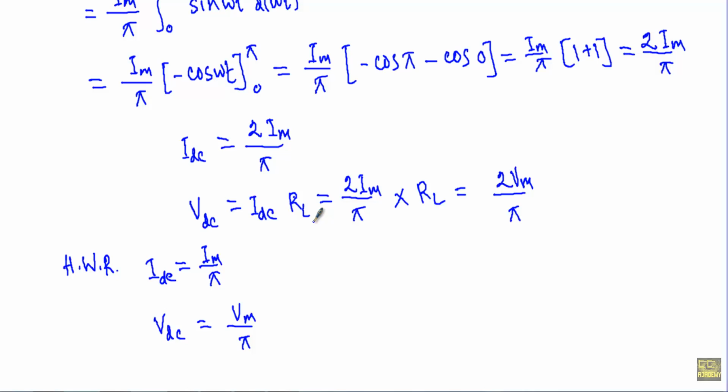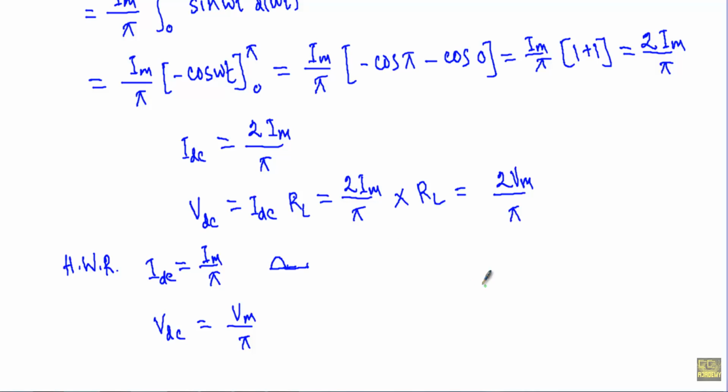So in the case of a full wave rectifier, you will see the values of IDC and VDC will be 2 times those of the half wave rectifier circuit, because in a half wave rectifier we get the output only in one half cycle. Therefore the IDC and VDC of a full wave rectifier will be twice those of the half wave rectifier circuit.